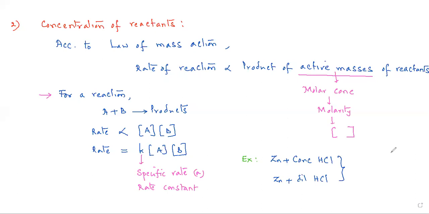You know the reaction that occurs between zinc and concentrated HCl takes place quickly. This is fast, this is slow.